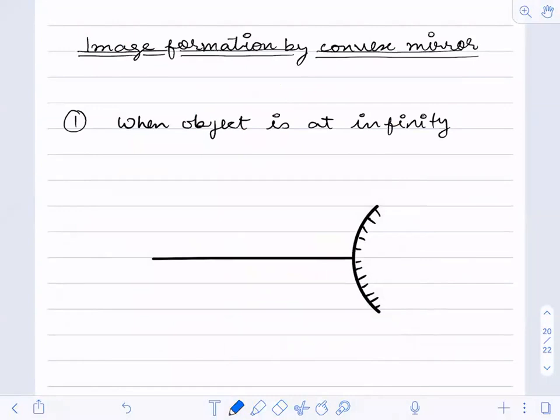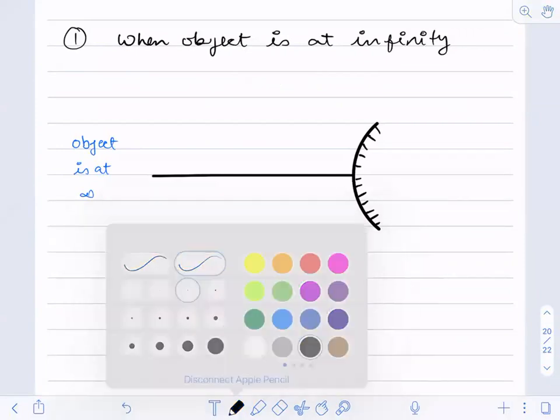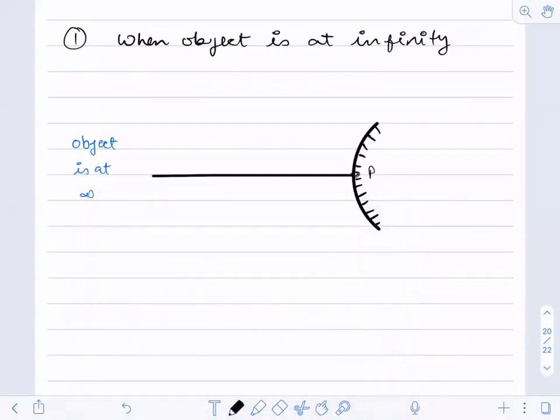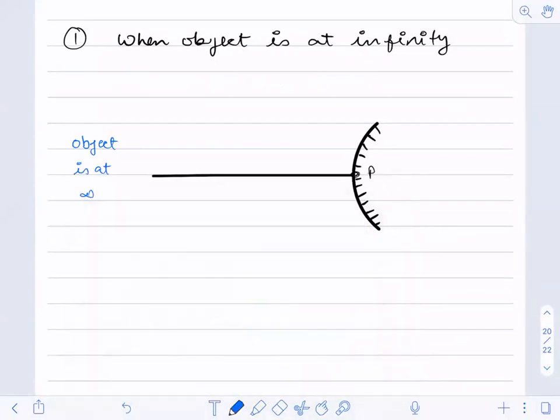When the object is at infinity, meaning very far away, where should the lines be? The lines should be parallel to the principal axis.